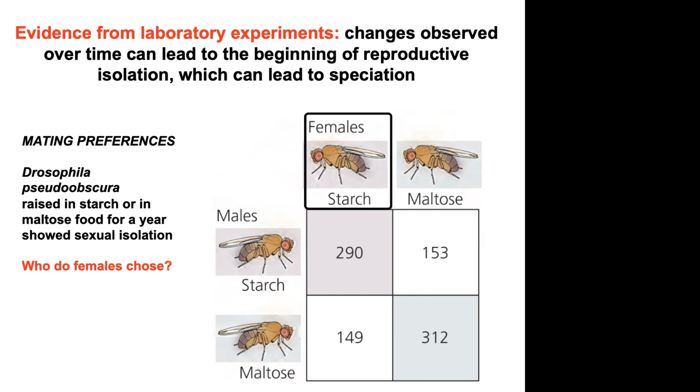And so females that were grown on starch prefer males that also were grown on starch, whereas females that were fed maltose prefer males that were developed and grown on maltose. So this is starting to be a speciation event where these organisms can eventually become separate species that no longer are capable of mating with one another.